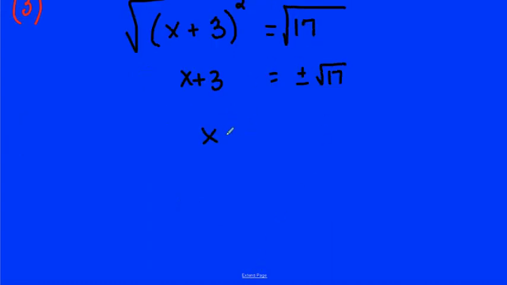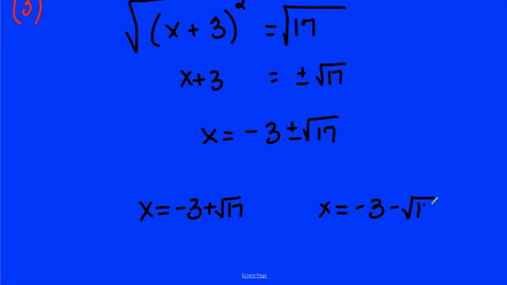Then we subtract 3 to the other side, putting it in front of the plus minus. And we just solve for our zeros, our roots, or possibly x-intercepts. So -3 plus or minus the square root of 17. Now remember, this actually means x equals -3 plus root 17 and x equals -3 minus root 17. All right, guys, so that's how you complete the square.